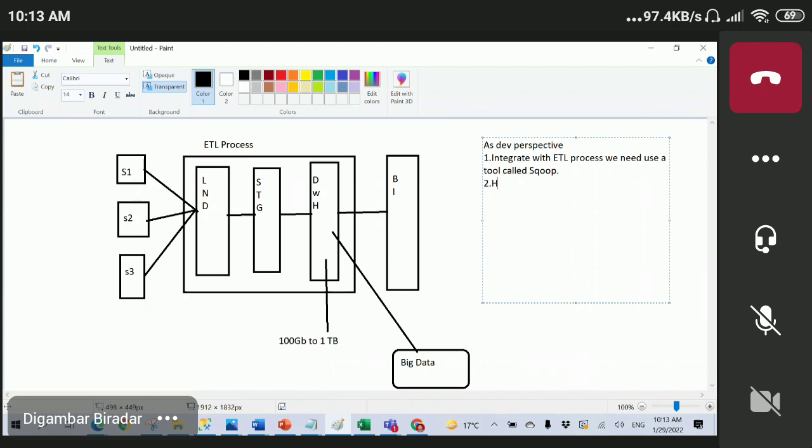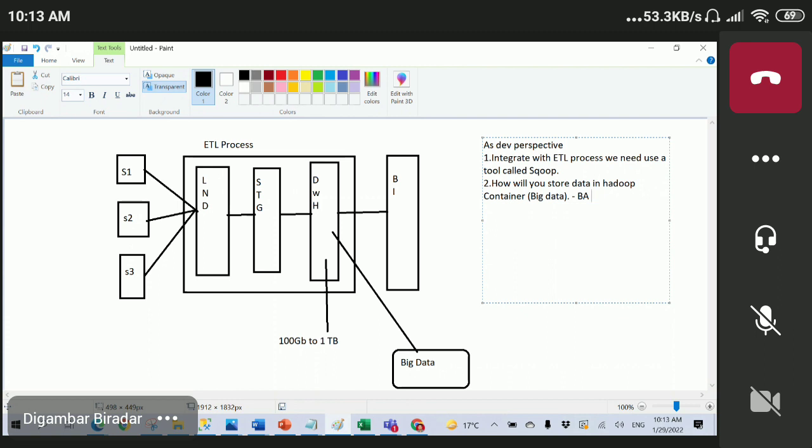After that, how will you store data in Hadoop, the container? That is nothing but big data. How will you store it? That will be decided by your BA, the business analyst.